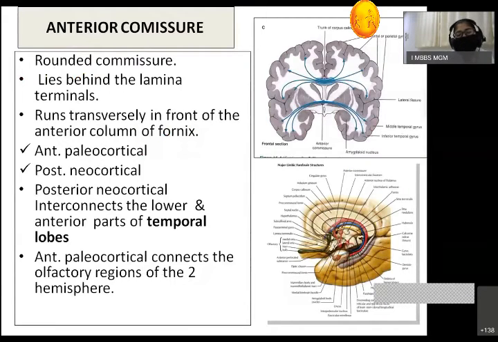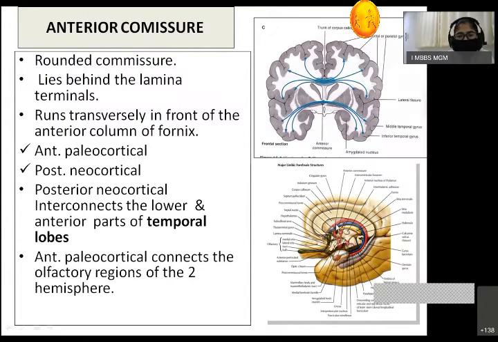Now, another example of commissural type of fibers is the anterior commissure. This anterior commissure is a rounded commissure. It lies behind the lamina terminalis and runs transversely in front of the anterior column of the fornix.